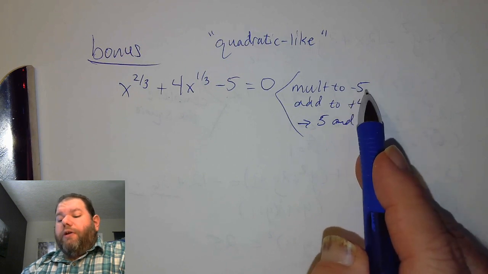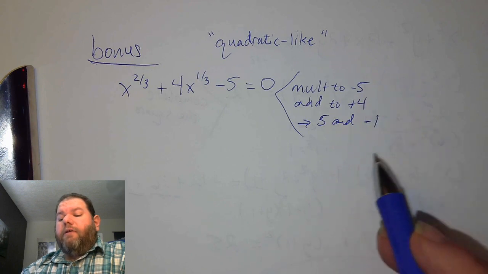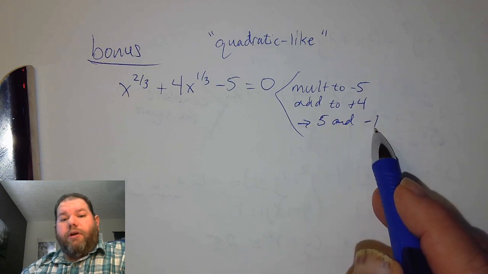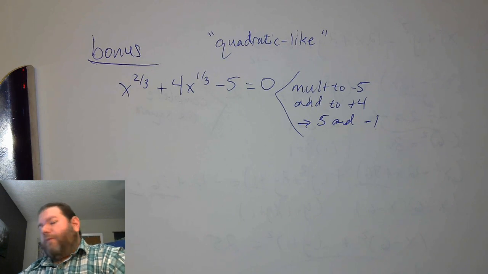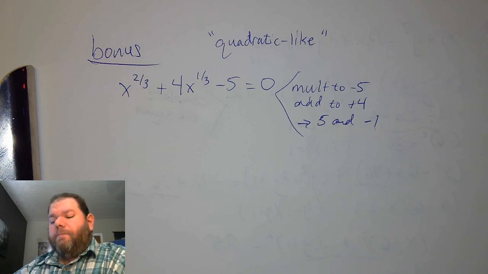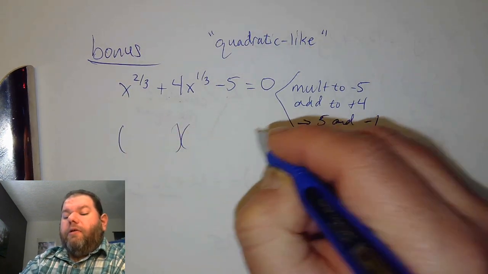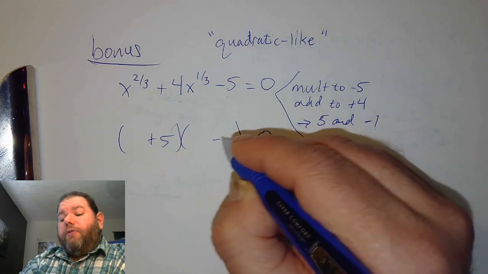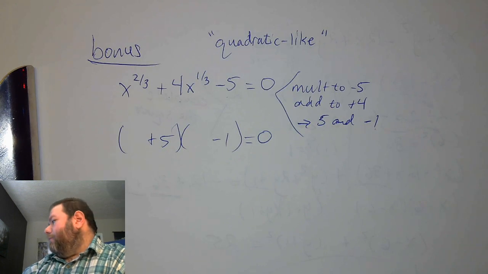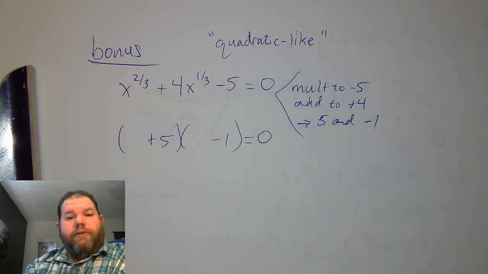Now, we notice we multiply 5 times -1 is -5. But if we take 5 and -1 and add them together, that gives us a positive 4 specifically. Okay? So in our factorization, one of these will have a +5, the other will have a -1. Again, this is quadratic-like, so this is like our x to the 4th problem that we had before.